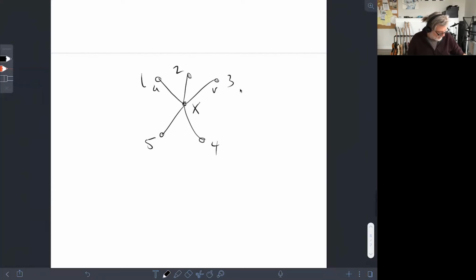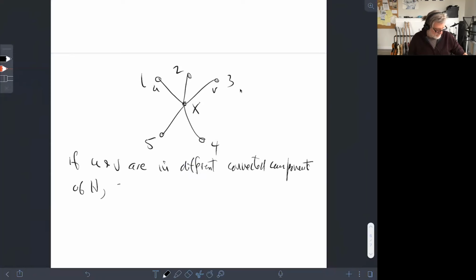Okay, so if U and V are in different connected components of H, switch colors 1 and 3 in the component of U only.